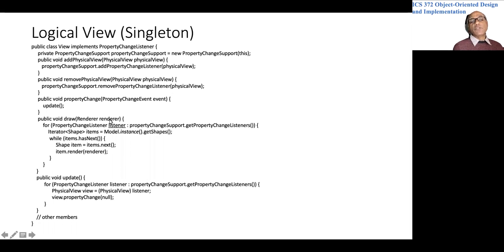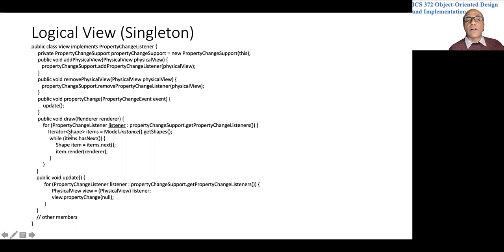The physical view would generate a renderer or will get a hold of its corresponding renderer object. They are all singletons, so the physical view gets a hold of that singleton and calls this draw method from its appropriate method. You're calling property change, which will call a method we will see, which calls this draw method.